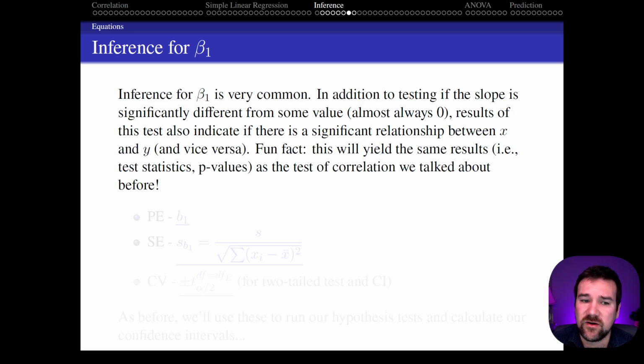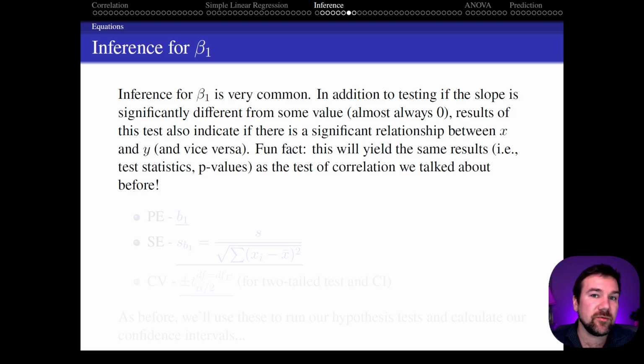What's interesting here is that this result talks about the general relationship between x and y, and is, I'll say, mathematically identical to the correlation, in the sense that it'll give you the same test statistics and p-values when you do the comparison. If you do the comparison to the slope, it's going to give you the same p-value as doing a test of correlation.